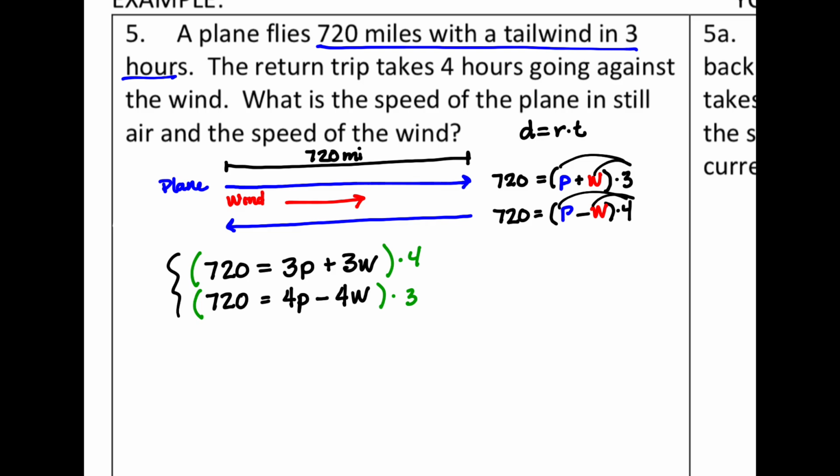Okay, 720 times 4 is 2,880. And that's equal to 12P plus 12W. The second one is going to be 720 times 3, which is 2160. And then 3 times both of those gives me 12P minus 12W.